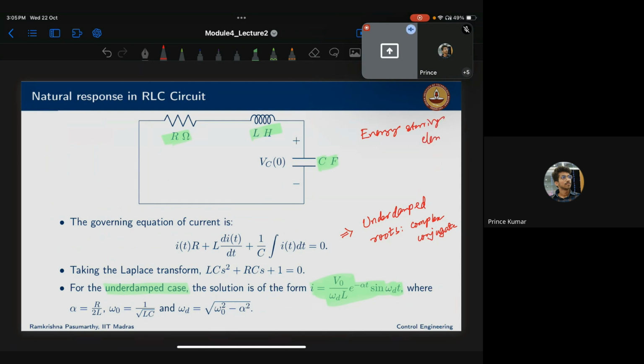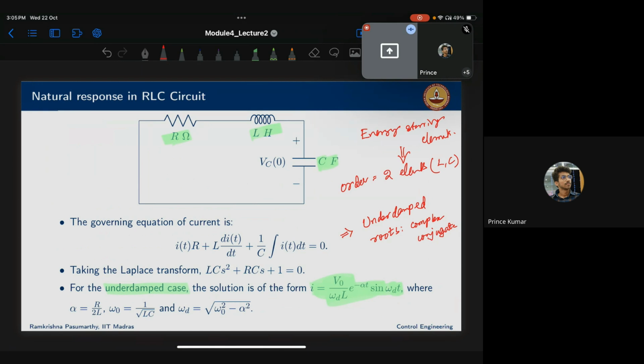So here we have two elements, L and C. Hence our order of the system is going to be 2. That means the order of the system is equal to the number of energy storing elements.